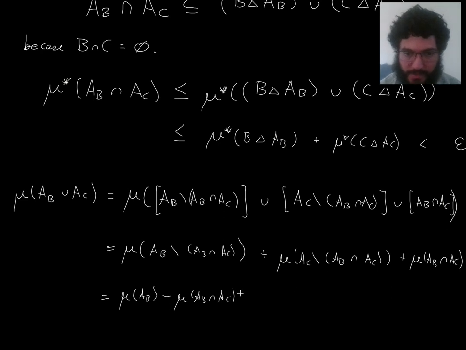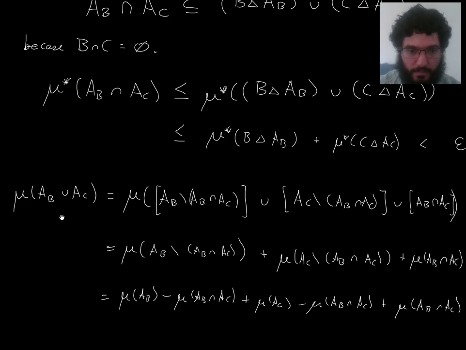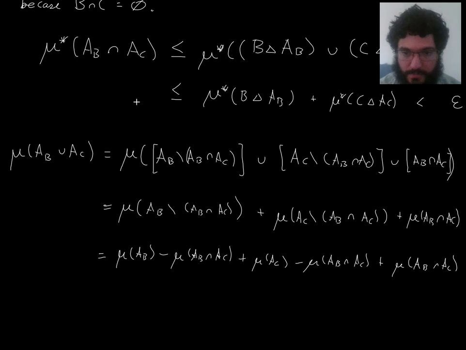So it looks like we get some cancellation there. But another term is going to show up. So this is mu of AC minus mu of the intersection. And then plus mu of the intersection. Okay, so we get some cancellation here, but there's still a mu of the intersection left over.